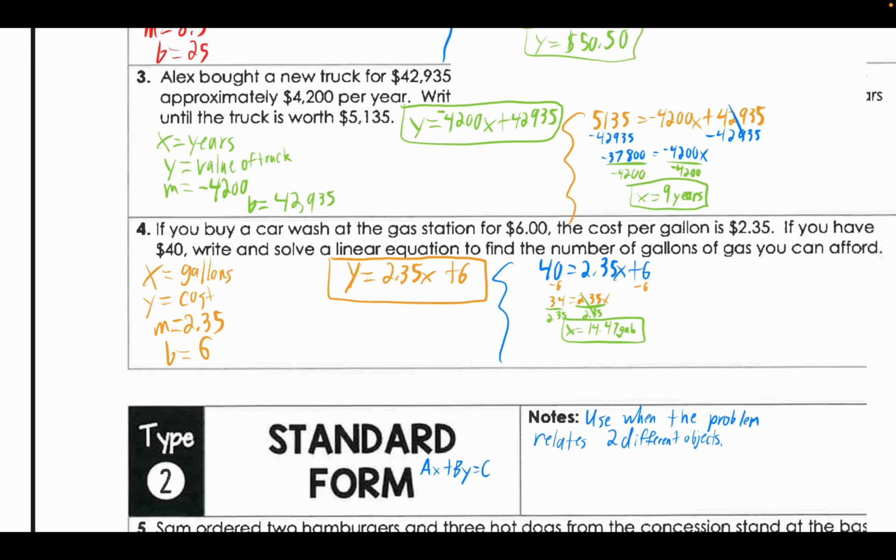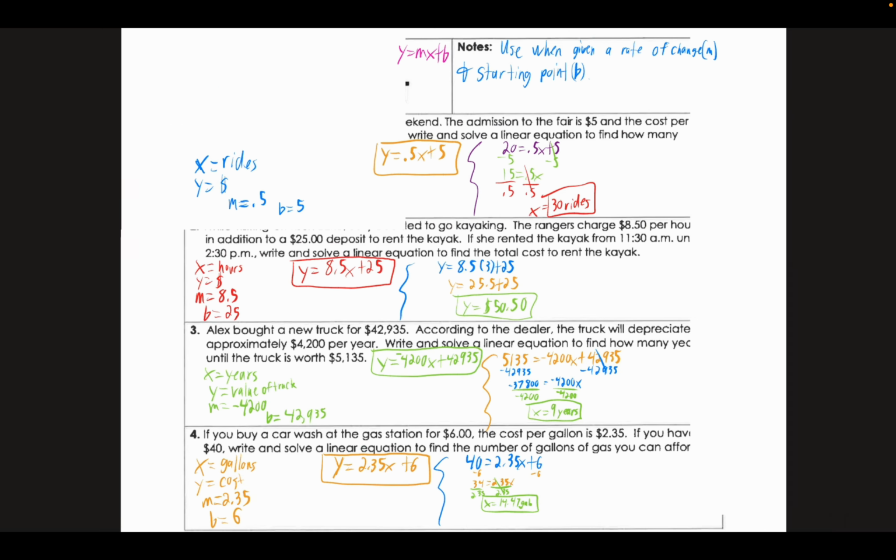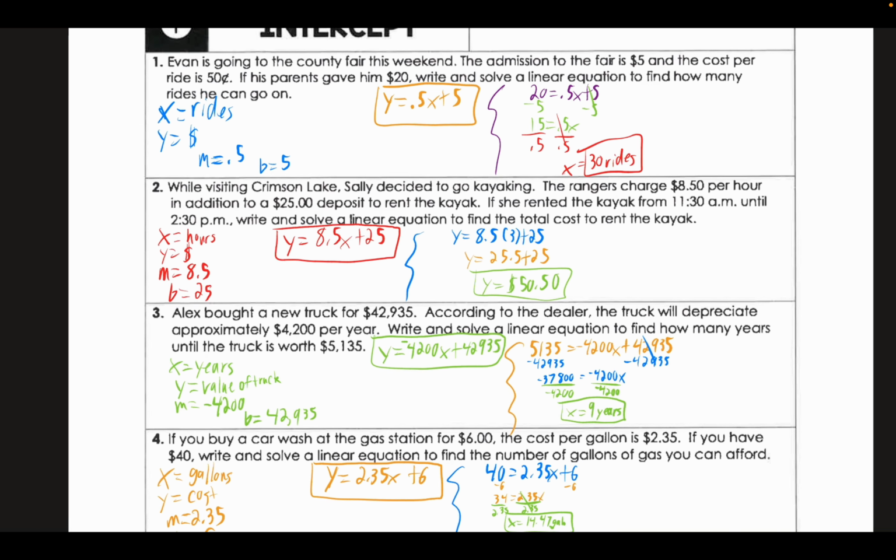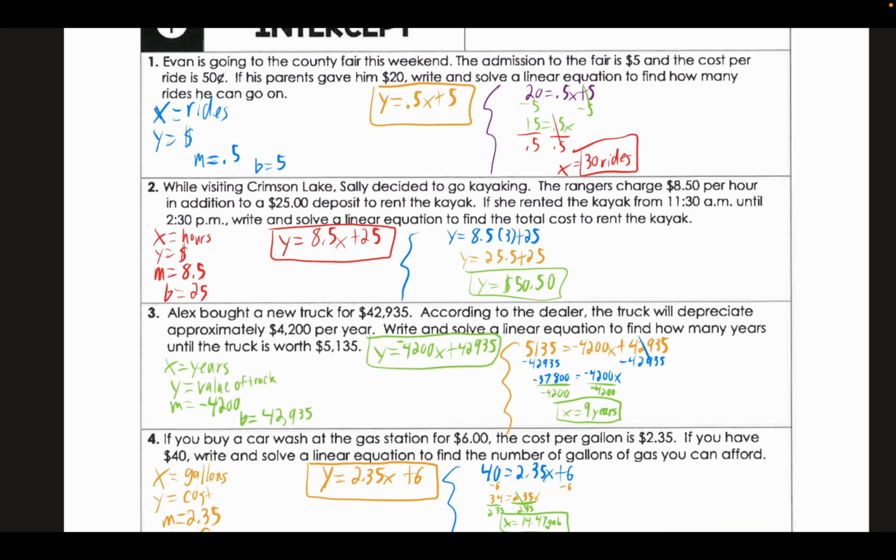So for example, on our last four problems, when we did slope-intercept form, the two things that are related are the variables, and number one related rides and money. Rides are not an object, as in the number of times you ride something. And same thing with number two, and 3 and 4, is that one of them is not an object except for the gallons of gas on number 4.